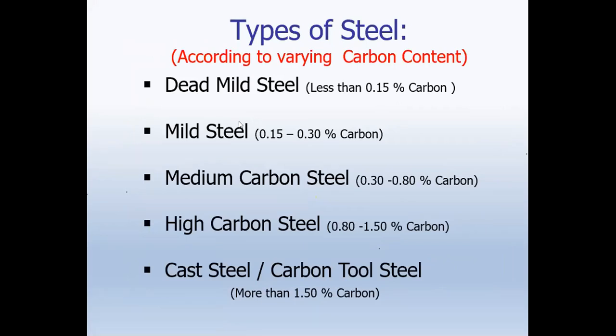Then you have the mild steel, the moderate one, 0.15% up to 0.3% of the carbon content. Then you have the medium carbon steel, which ranges with the carbon content from 0.3 up to 0.8. Then you have high carbon steel, that is above 0.8, but not exceeding 1.5% of the same carbon content.